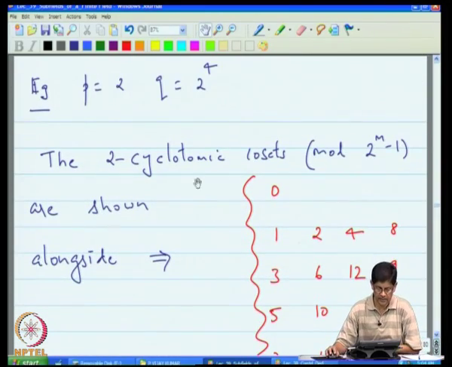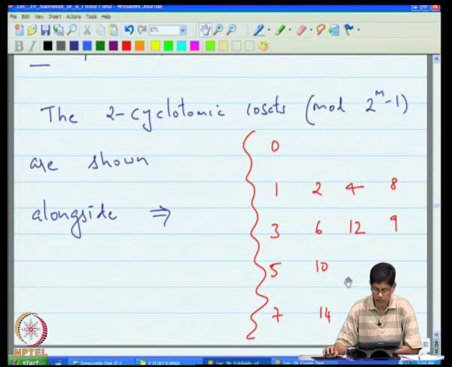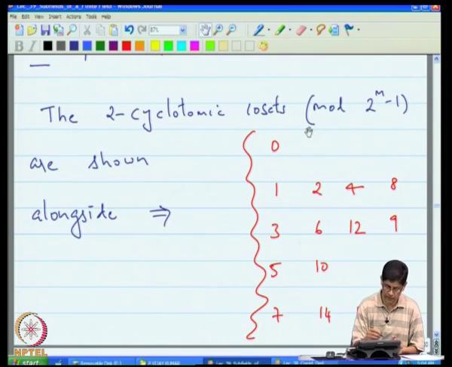Let us illustrate with an example. When p is 2 and q is 2 to the 4, then the 2 cyclotomic cosets mod 2 to the m minus 1 are shown here. So, the cyclotomic cosets themselves are the resulting equivalence classes, and you will notice that the equivalence classes are of different sizes. Okay. So, each row here in this diagram corresponds to an equivalence class.